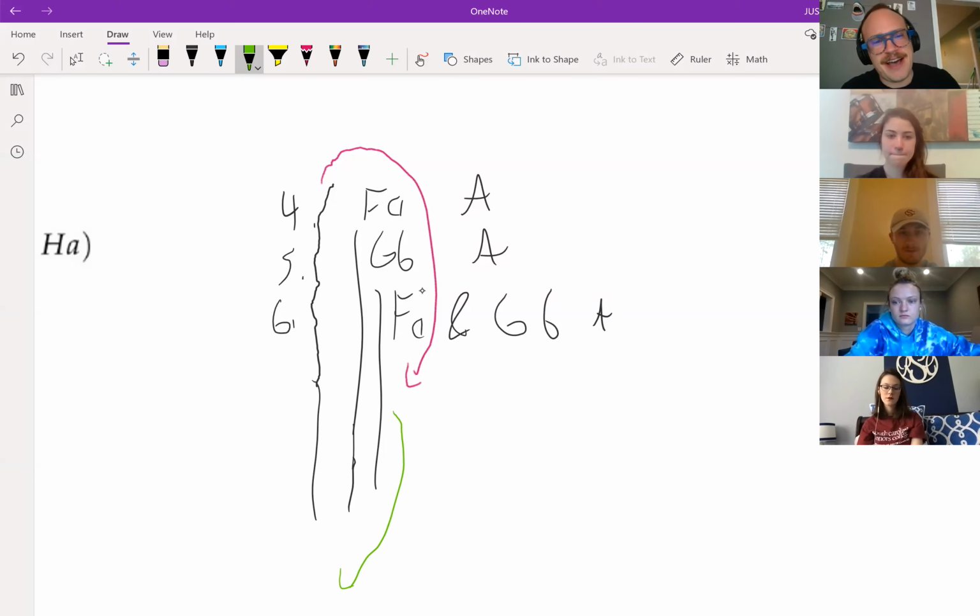So anything in the far right line is not in the scope of the far left line, while the far left line is bigger in scope and thus can be used in the far right line. Okay, thank you.